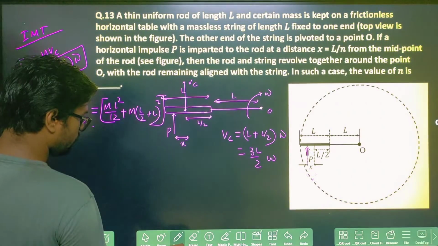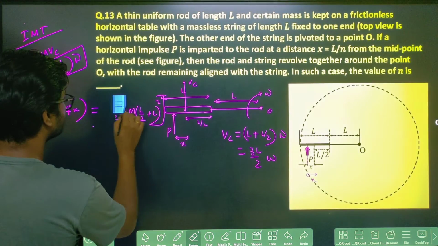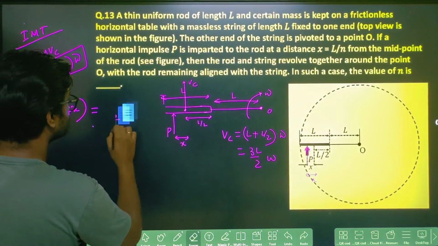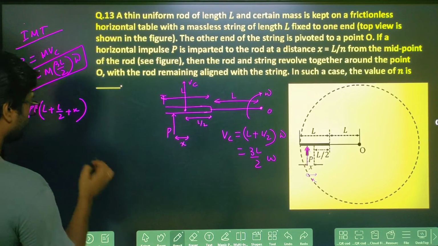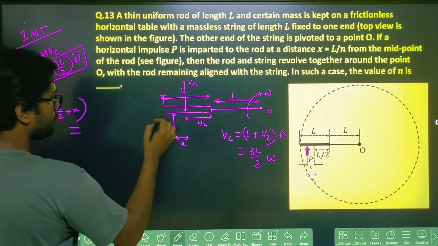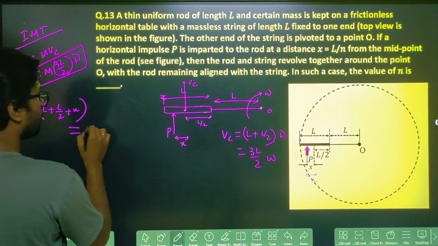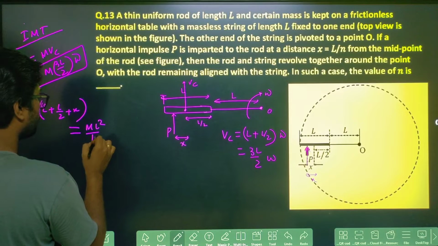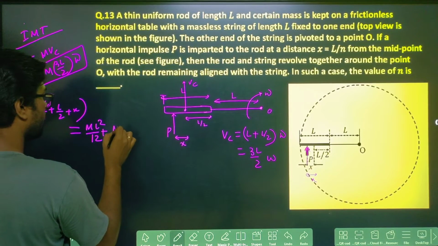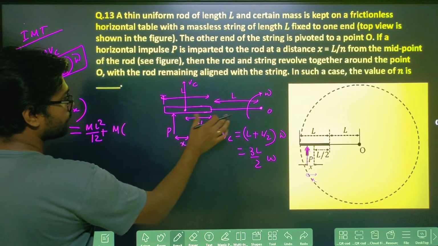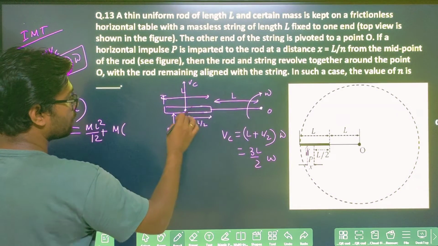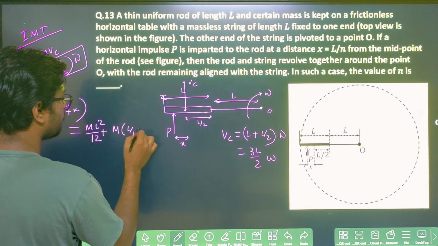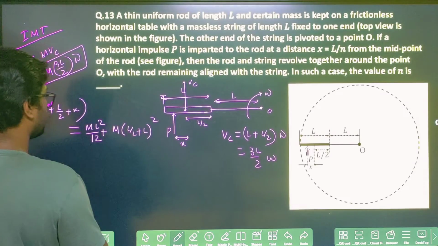So what I can do, just a minute, this is equal to m L square divided by 12 plus m into this distance from this O to this center, that is L by 2 plus L whole square, right?